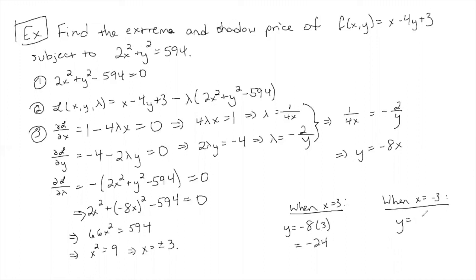And when x equals negative 3, I get negative 8 times negative 3, which is 24. So the points I get are negative 3, comma, positive 24, and 3, comma, negative 24. Those are the locations of the extrema.